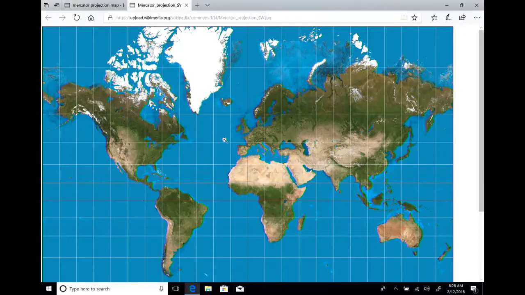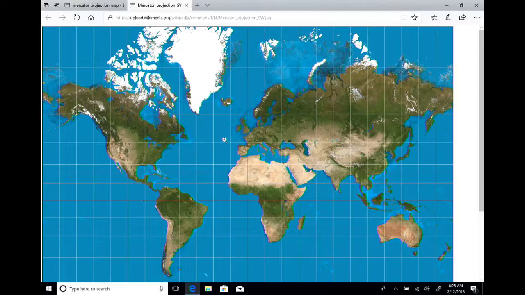That's correct. But what that map does, and the reason that it still exists, is bragging rights. That is exactly what it is, because it makes certain European countries look bigger than they actually are.